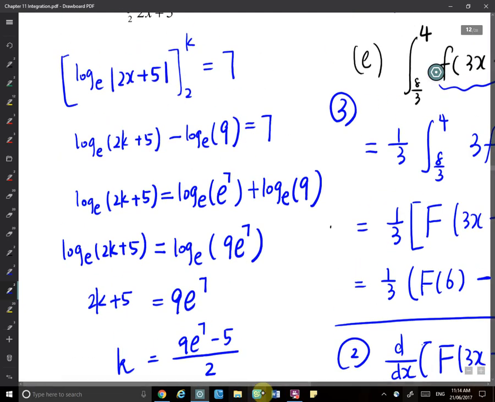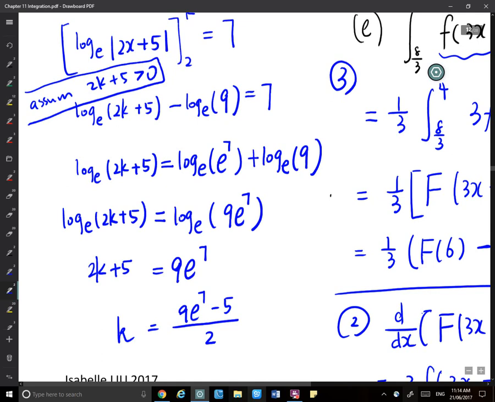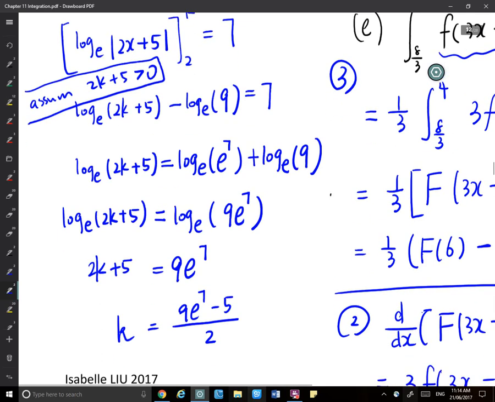Okay, let's assume 2k plus 5 is greater than 0 here. It should give you k greater than 0 in this question, because the new study design does not include the absolute sign, so we shouldn't take that into consideration. If you learn Spec, you know what I'm talking about.